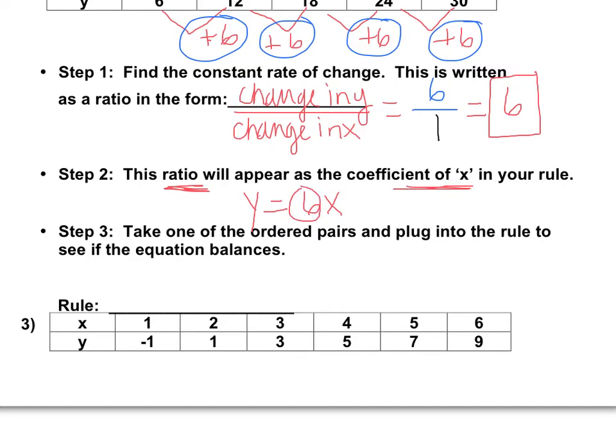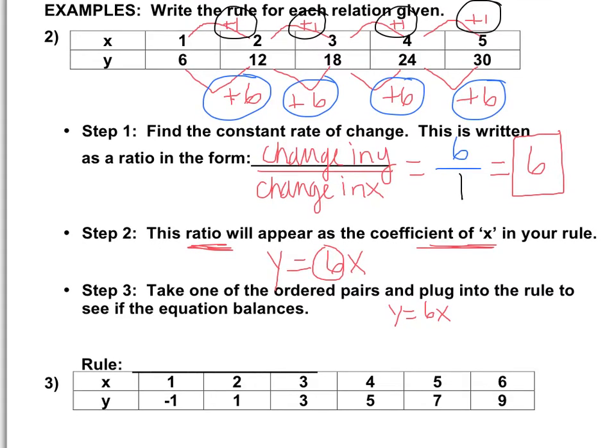Now let's take one of the ordered pairs and plug it into the rule to see if the equation balances. So if we take this equation, y equals 6x, and we just choose one of our ordered pairs, it does not matter which one we choose. Let's go back and look at the table. Let's take this (4, 24).